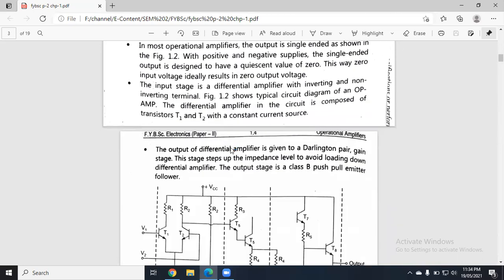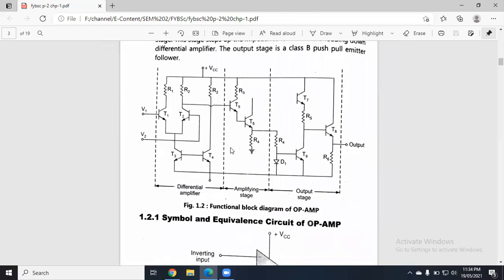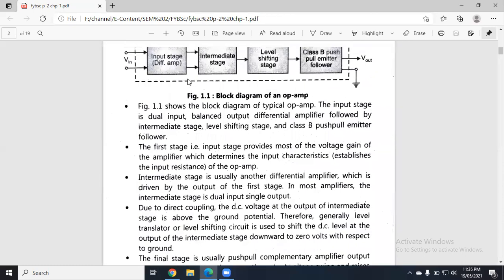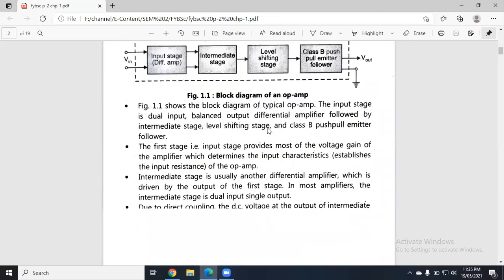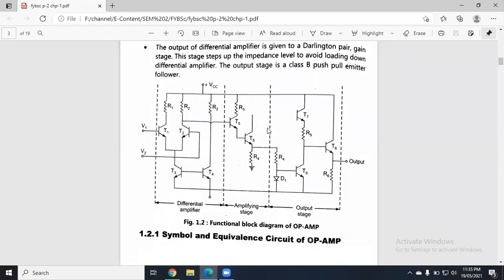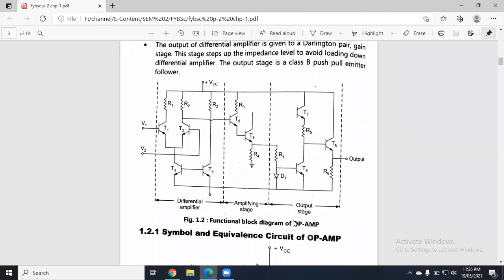As you can see, this is the functional block diagram. We have seen the block diagram of the op amp, and now we have to see the functional block diagram. We don't want to go into detail on what is there. There are multiple transistors. This is your first stage: between these two dotted lines there is a differential amplifier stage.